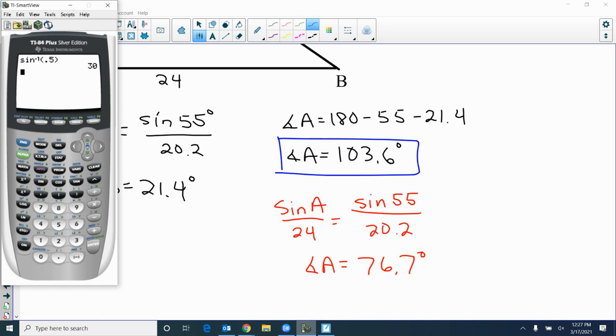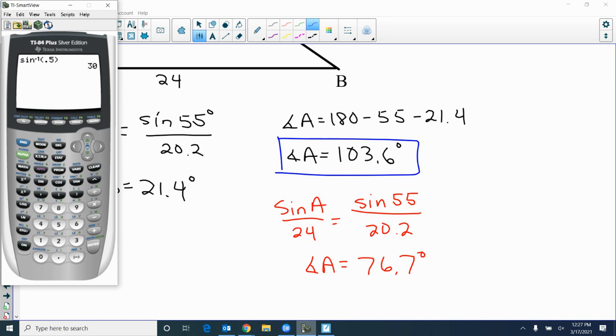Will inverse sine ever give me an angle bigger than 90? No, because we restricted the domain of the original function so that when we use inverse, we only get one answer. Inverse sine gives you answers in quadrant 1 or quadrant 4. It will never give you an obtuse angle. Basically it gives you the supplement.